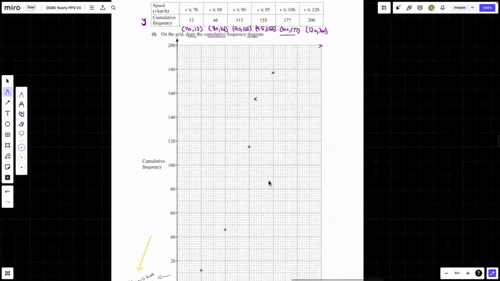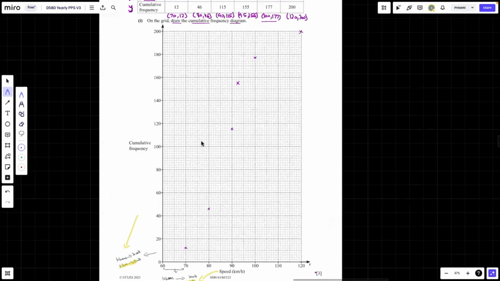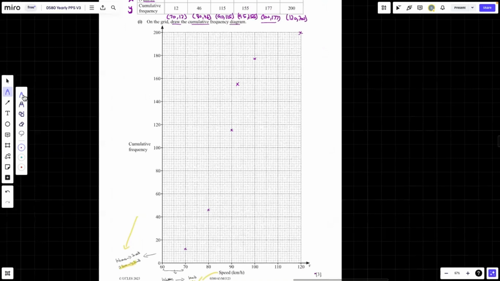We can just join them up using a curve and we're good to go. Now, the key here is that you make sure it's a smooth curve. It shouldn't be a line.